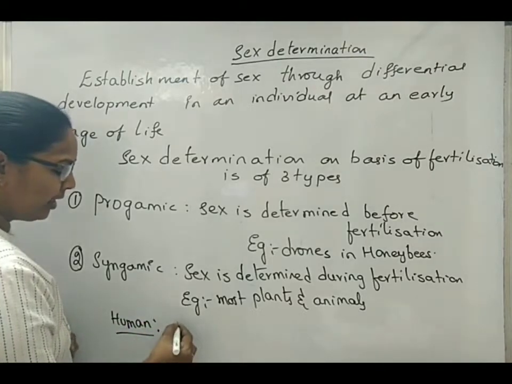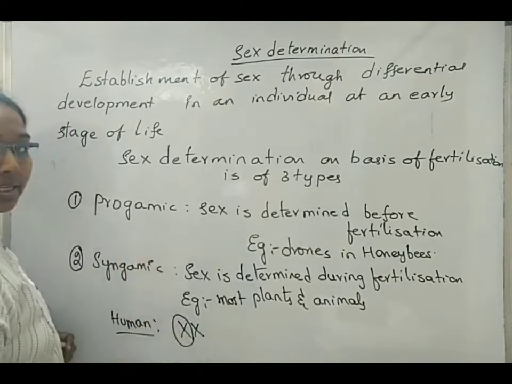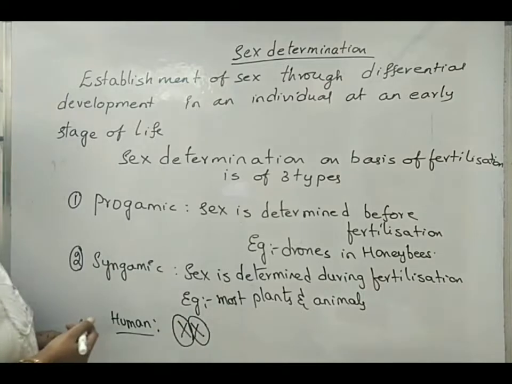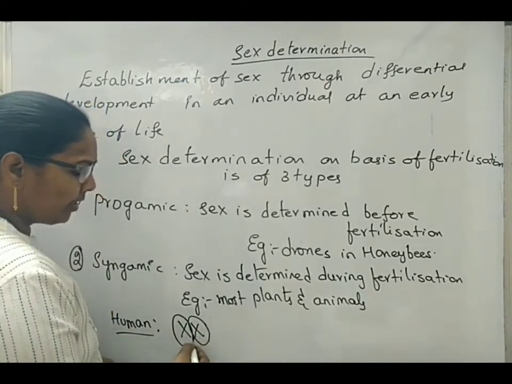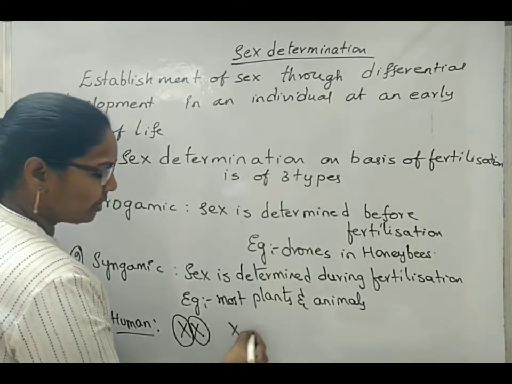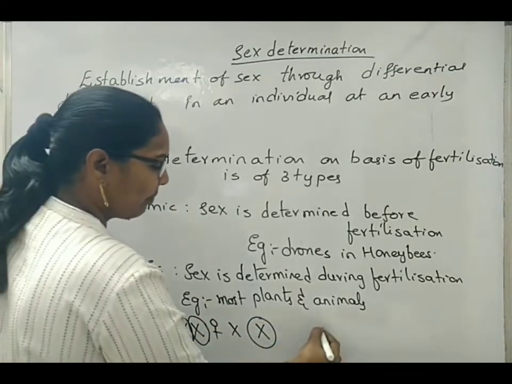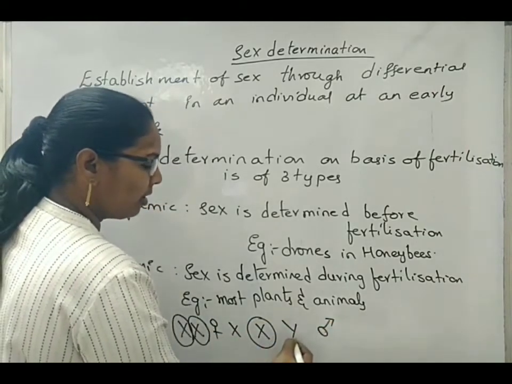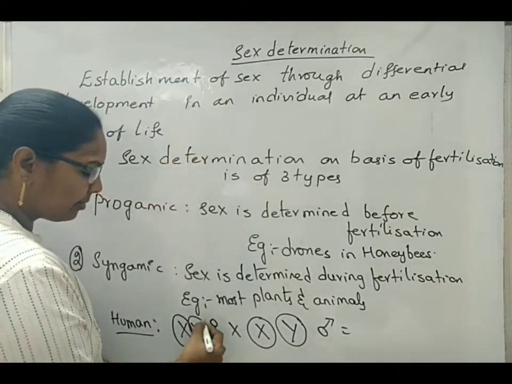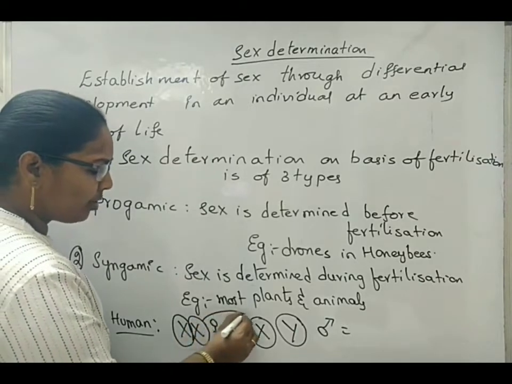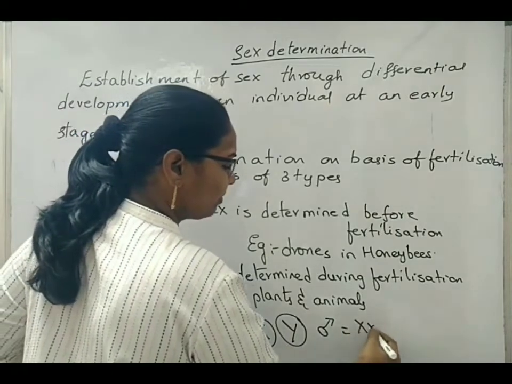See, a female human being has sex chromosomes X and X. It means some gametes will receive this X chromosome, some gametes will receive that X chromosome. Now this gamete can become one egg or another type of egg. When it is crossed with the gametes having the X chromosome of male or the Y chromosome of male, it depends: if the X chromosome of a female is fused with the X chromosome of male, then the offspring will be female.